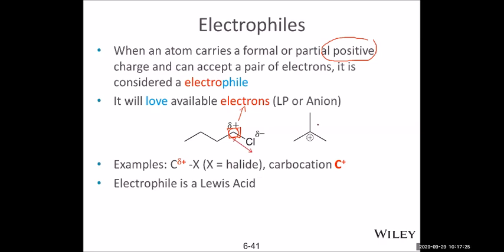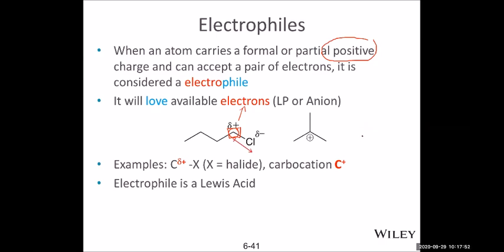The carbocation, we went over this before. It is a non-octet, with six valence electrons around this carbon, and it of course attracts electrons or lone pair electrons, and that makes it an electrophile.